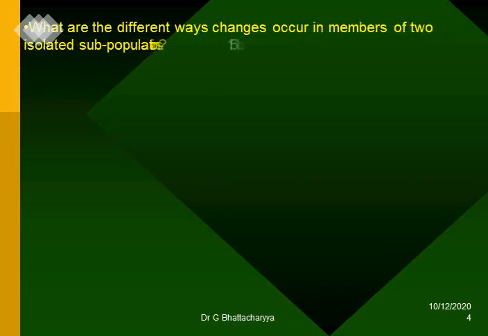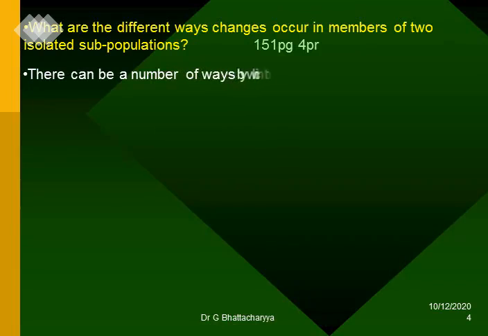What are the different ways changes accumulate in members of two isolated subpopulations? There can be a number of ways by which this can happen.